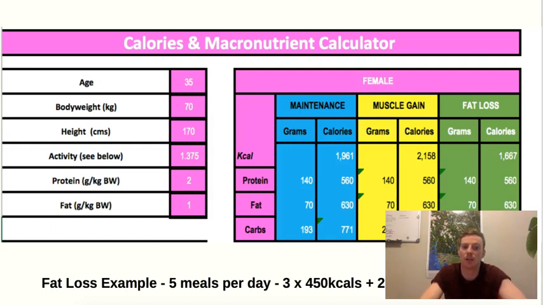So if we're looking at a fat loss example, it would be five meals a day. Your breakfast, lunch, and dinner being your three main meals would be 450 calorie meals, and that leaves room for two 150 calorie snacks. Just to give you an example of what that might look like, if you go out to lunch and you go to Starbucks or wherever and have an 800 calorie lunch, like a big sandwich and a latte, it doesn't leave much room for the rest of your day.